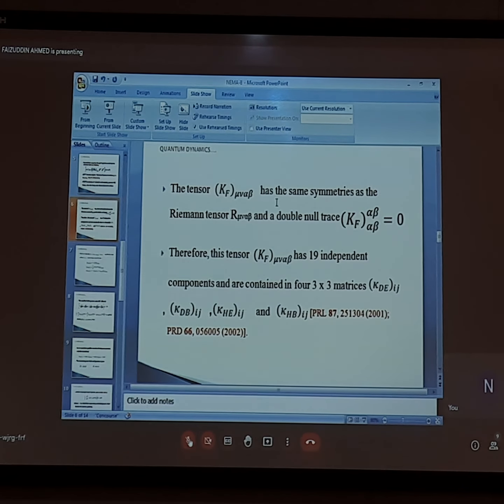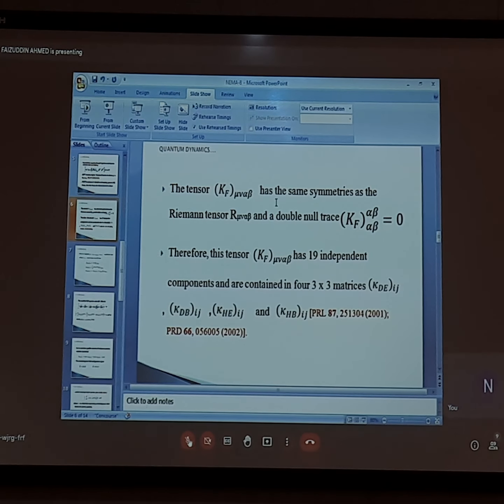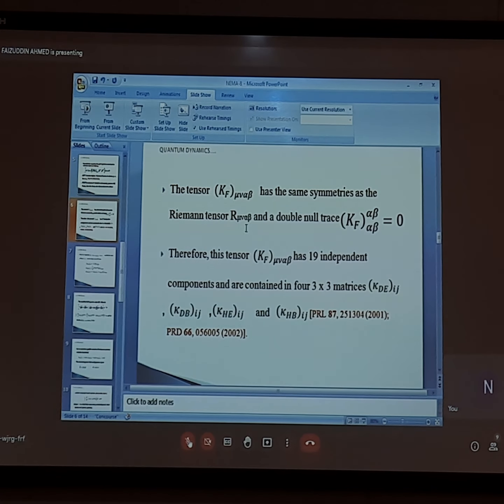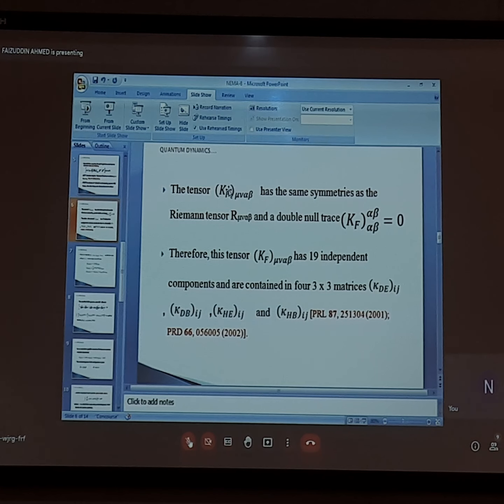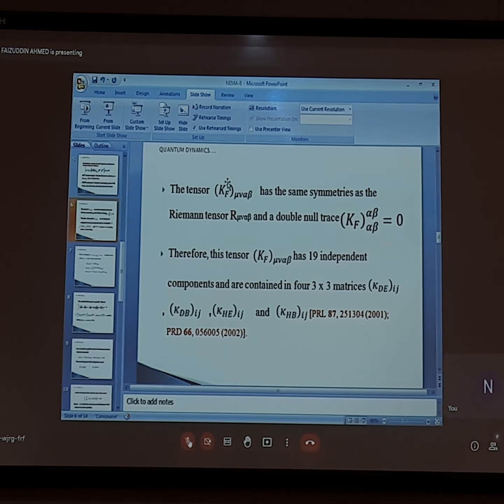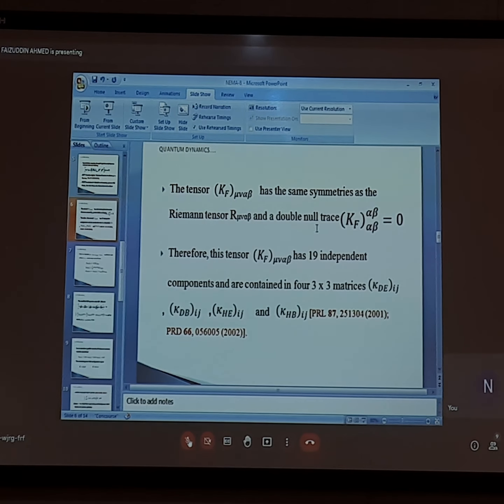This K_F has the same symmetry as the Riemann tensor in general relativity. As we know, the Riemann curvature tensor has several properties. So this tensor field that we have introduced through the non-minimal coupling in the wave equation also has the same properties. In addition to that, this new tensor has double null traces.